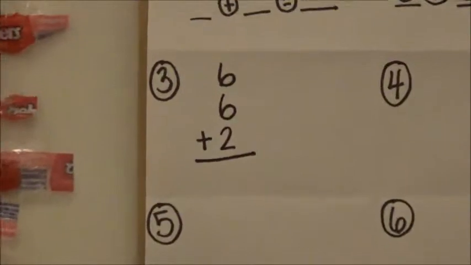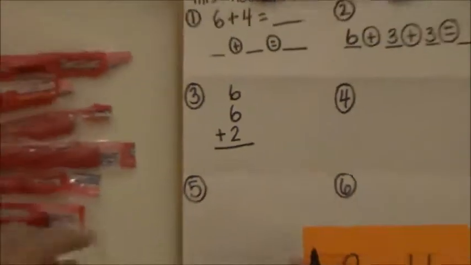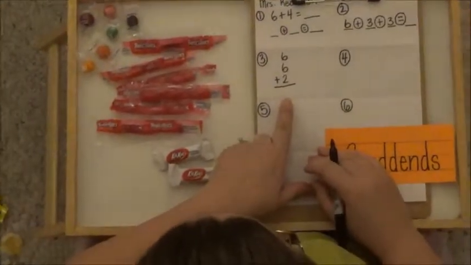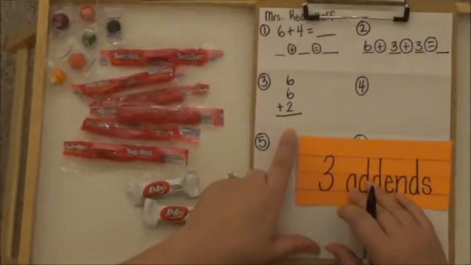Add all of these add-ins together, 6 plus 6 plus 2, to come up with our sum for 3 add-ins.